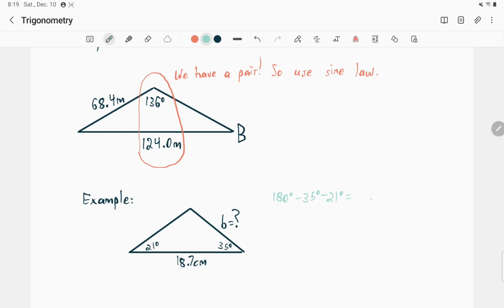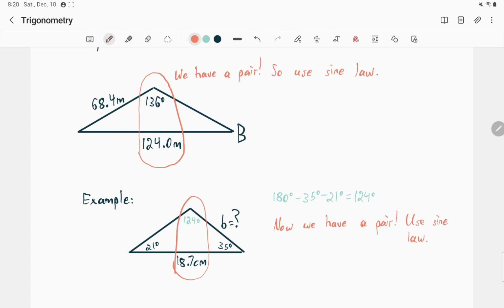That's going to be, wow, here we see my mental math, 124 degrees. That's going to be this angle. Well, look at that. Now we have a pair of matching side lengths and angles. Use sine law. Good to go.